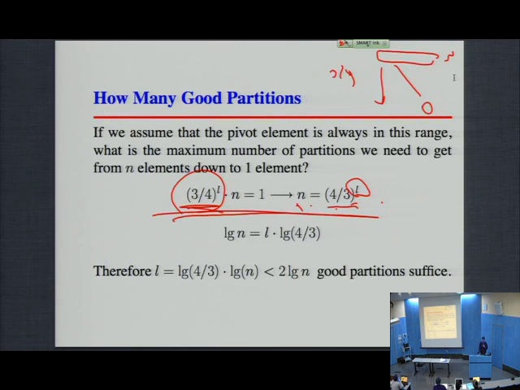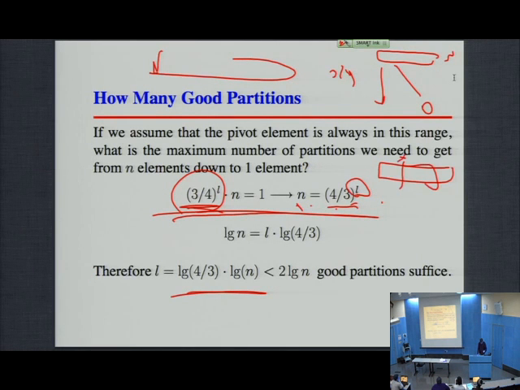Does everybody see this? If I always pick the worst possible good pivot, I'm going to end up with a tree that is of logarithmic height. How many people see this? This is important. How many people don't see this? The log is not base 2, but does the base of the log matter big O-wise? No, it does not. So if you always guarantee me the worst possible pivot that's good, the height is going to be log n.